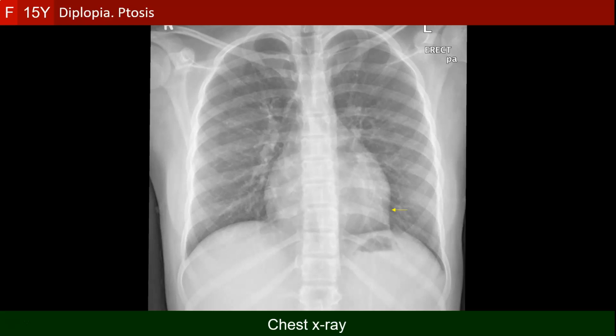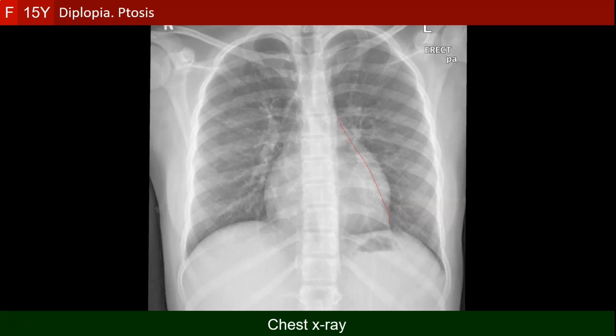Superior to the arrow, you see somehow an exaggerated convexity of the left cardiac border, and then all of a sudden at the region of the arrow you see that this convexity stops, and that's what we expect from a normal left cardiac border.